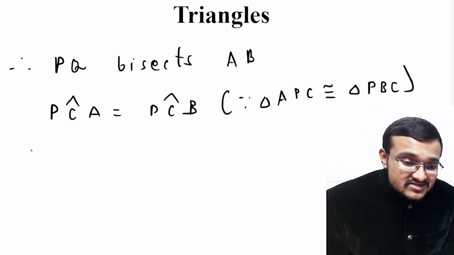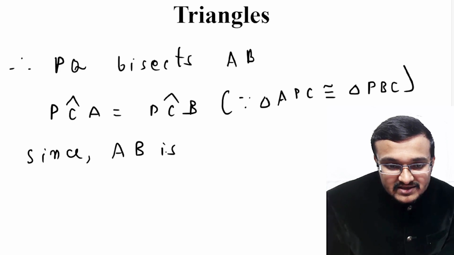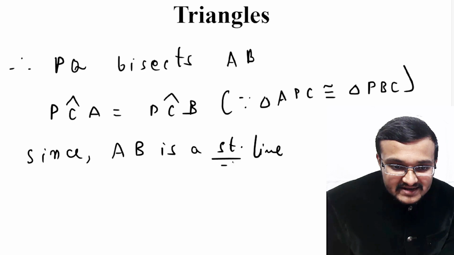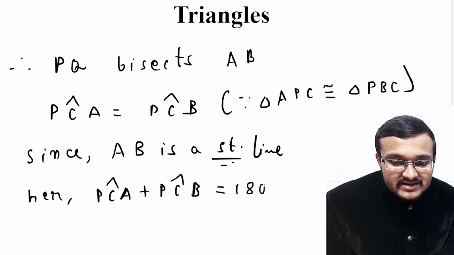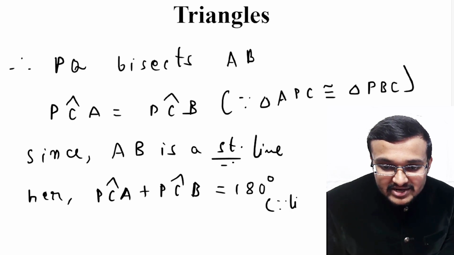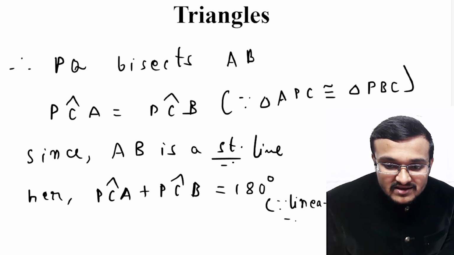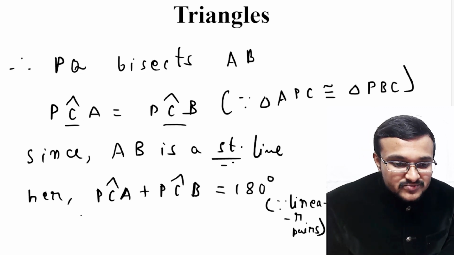Now since AB is a straight line, angle PCA plus angle PCB will be equal to 180 degrees, because they both are linear pairs, since AB is a straight line. Now we also know PCA is equal to PCB.